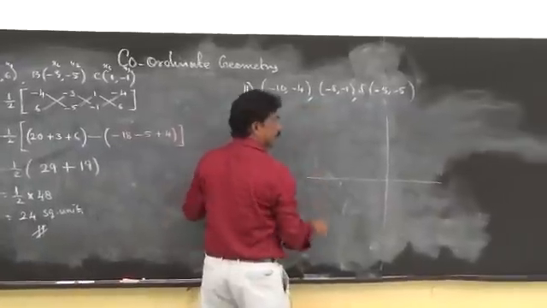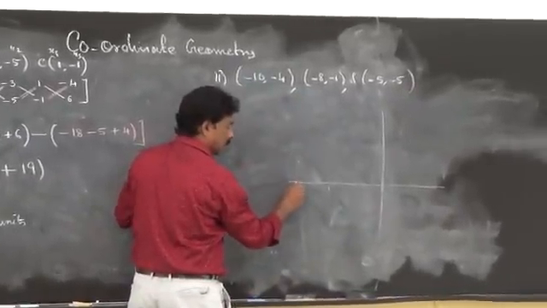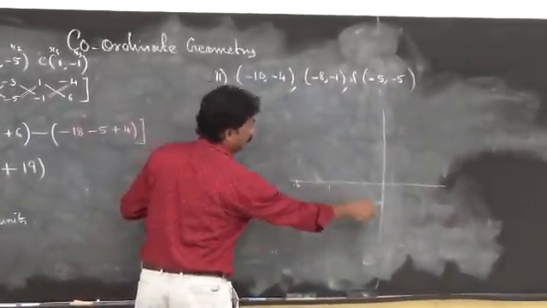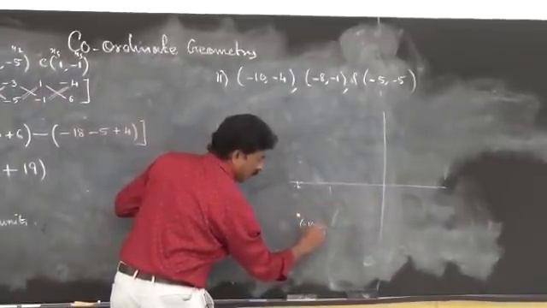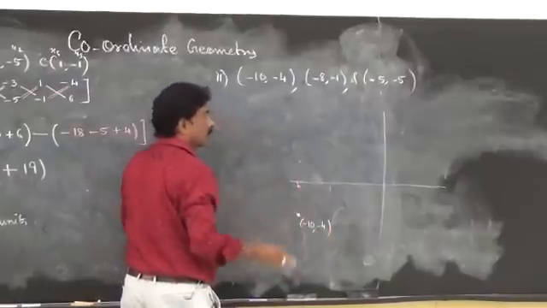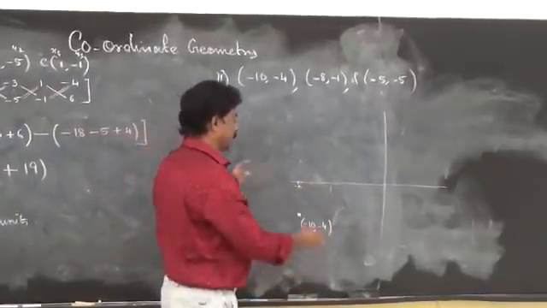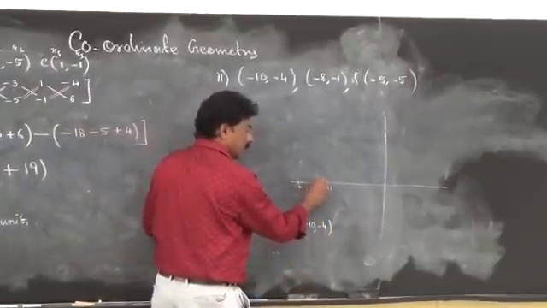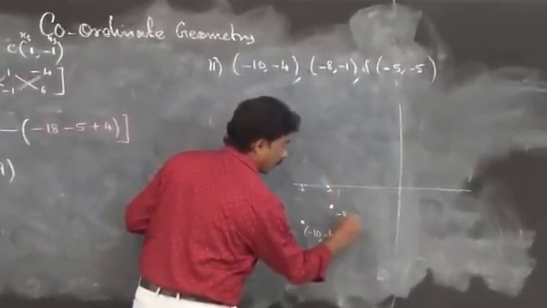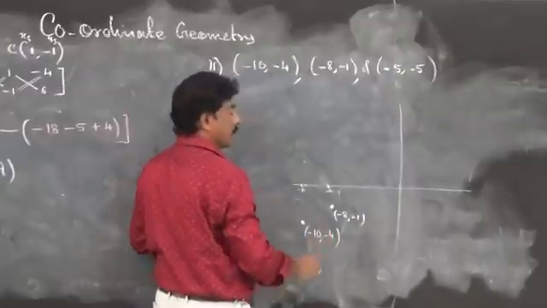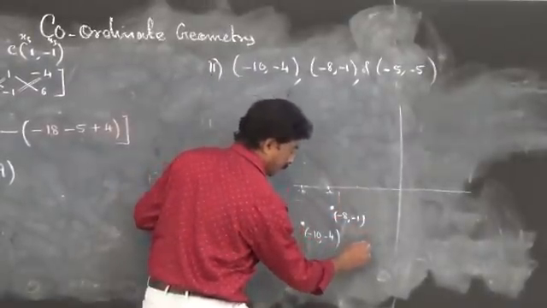So minus 10, more or less here. Minus 10, comma, minus 4. Just a rough diagram only, no need to draw a big graph. And minus 8 is here, minus 8, comma minus 1, and minus 5, comma minus 5.